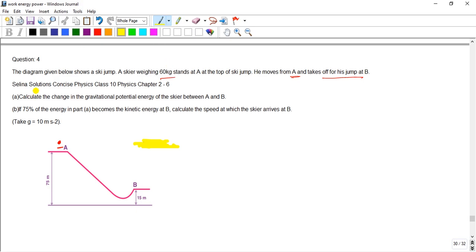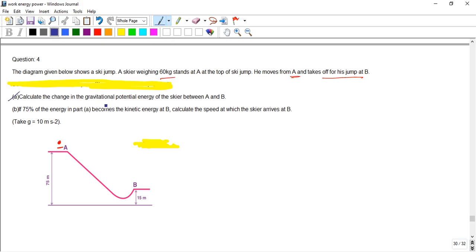I erased the hint. Now I try to solve this.